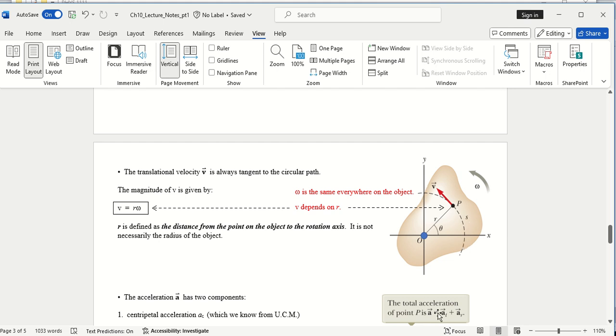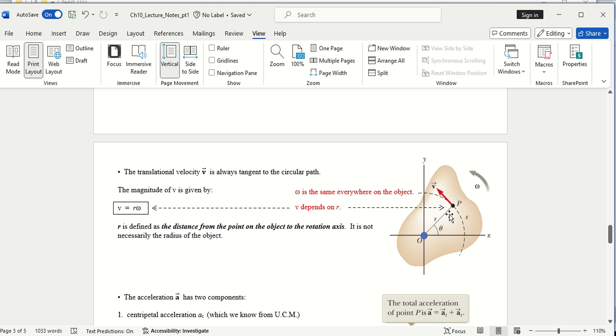They haven't drawn the whole circle, obviously, but you get the point. Well, that point on the object will have a tangential speed V, indicated by the red vector. V is equal to r omega, where omega is the angular velocity or the angular speed, and r is the distance from the point P to the rotation axis.